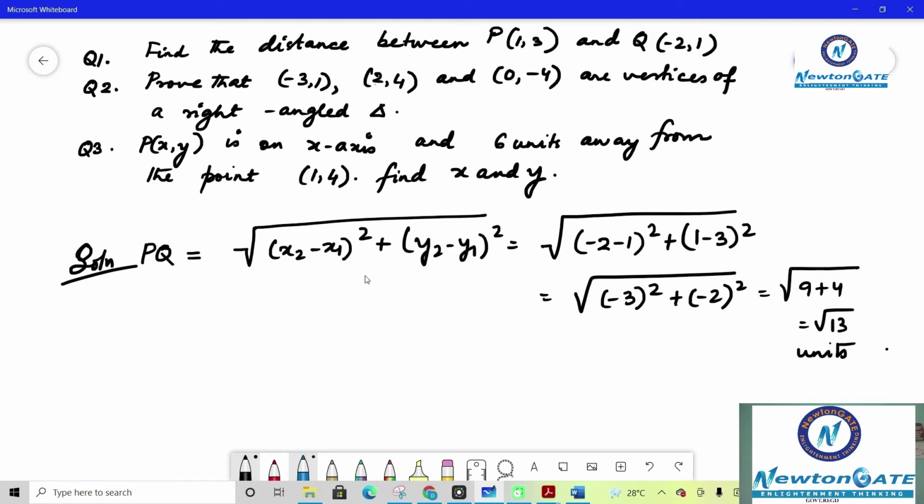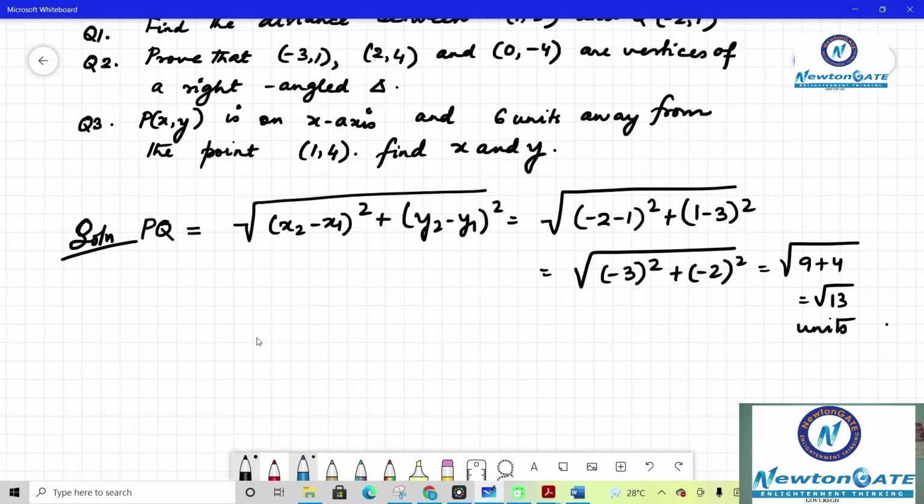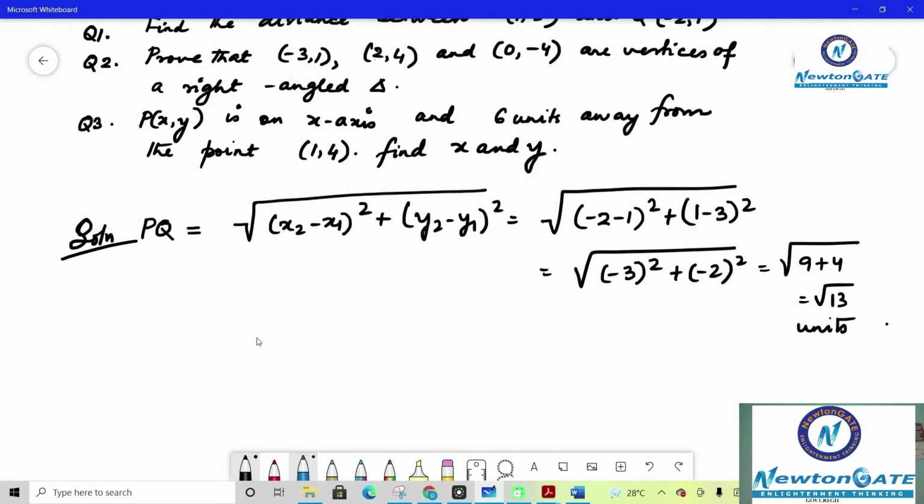Now, on to the second one. We have to prove that (-3, 1), (2, 4) and (0, -4) are vertices of a right angle triangle. Now, for solving this, first we have to have an idea of which quadrant the points lie in. So, (-3, 1) lies in this quadrant.